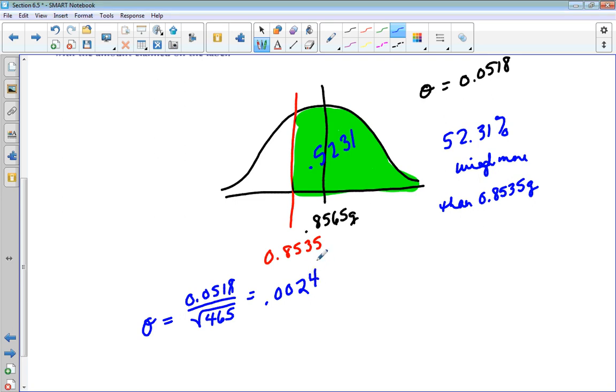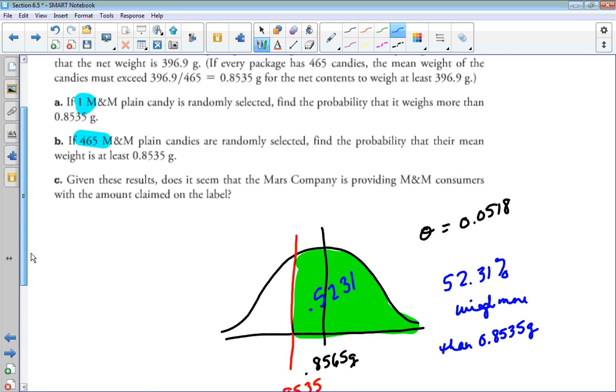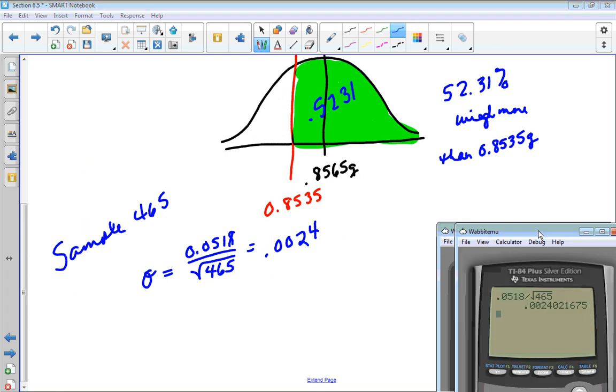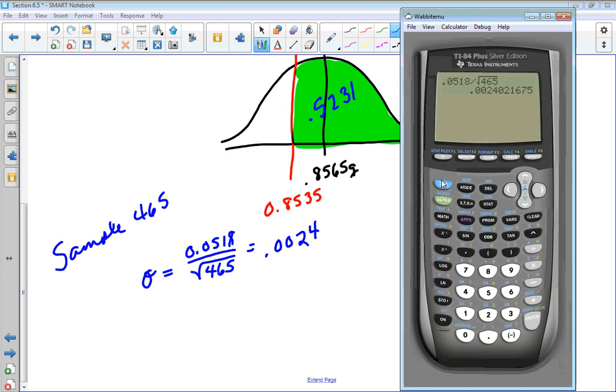So I want to rerun this calculation using the new standard deviation with a sample size of 465 M&Ms. So we'll go to our distribution again. And this time I'm going to change that standard deviation to 0.0024.